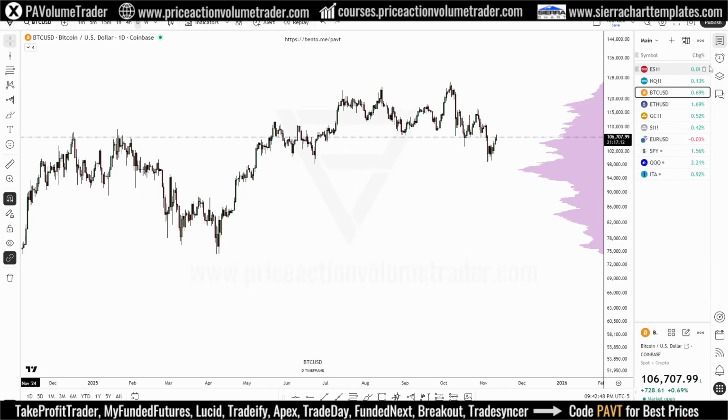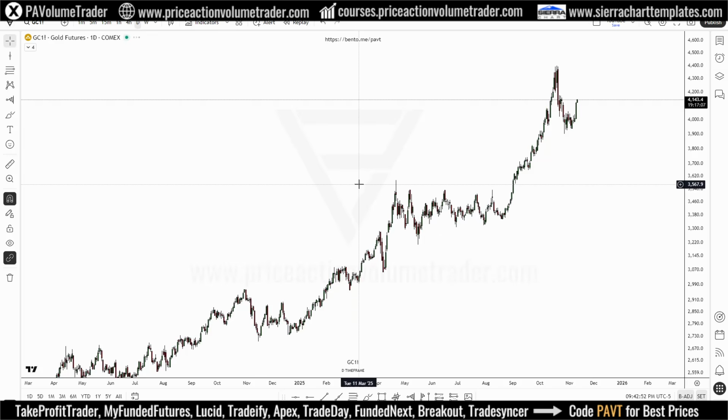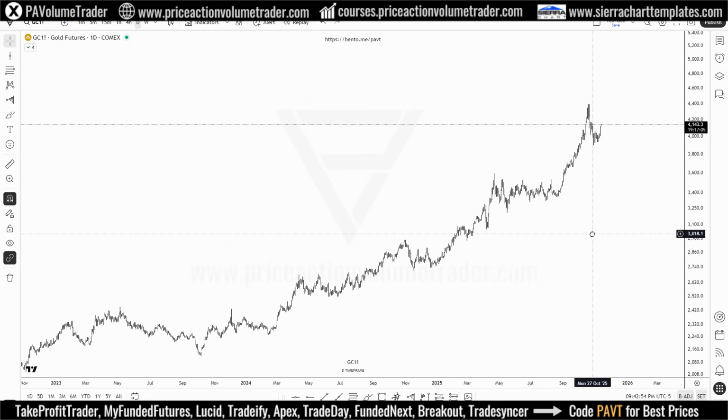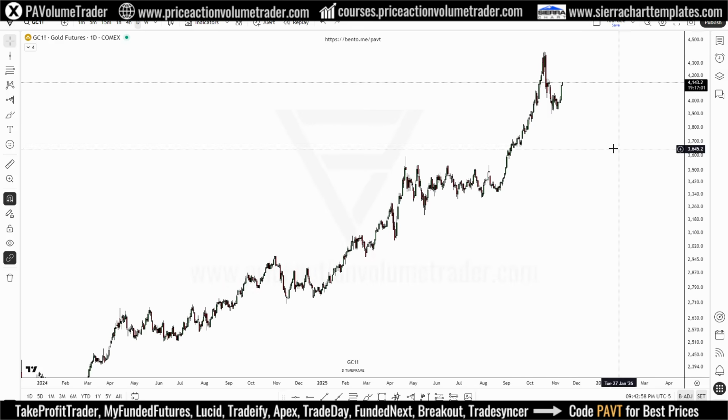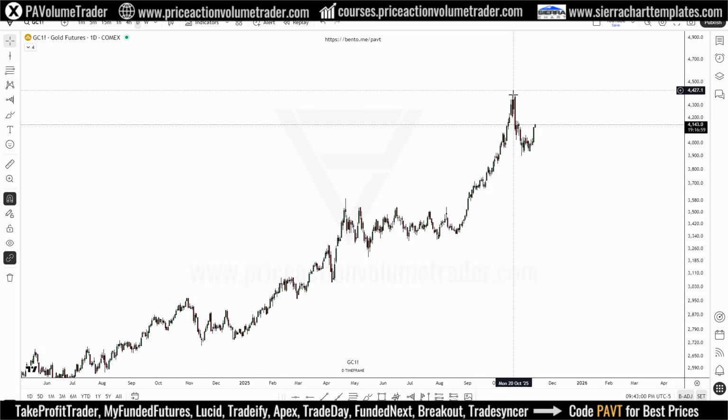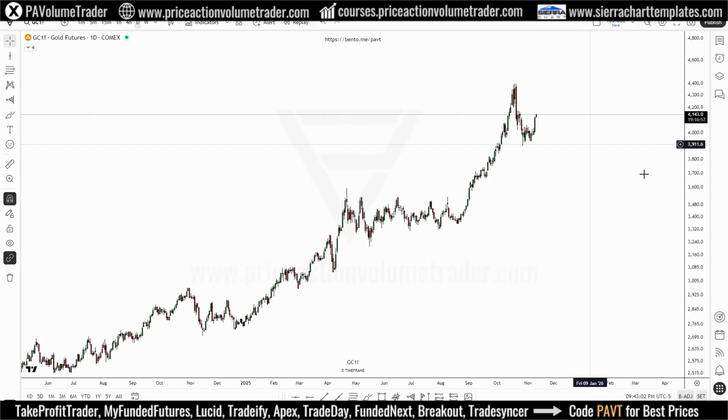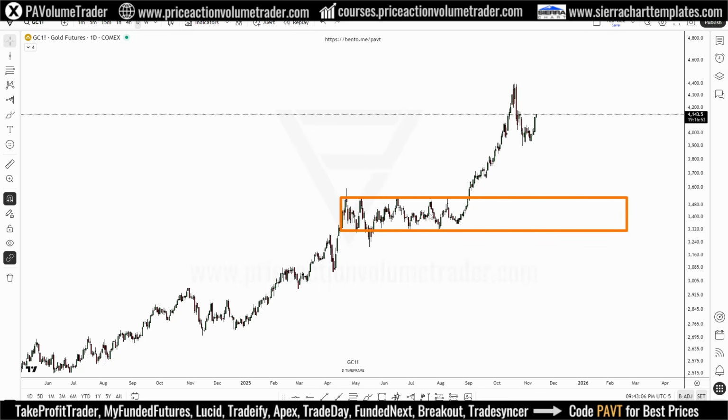Let's see, gold. See, like gold, we've had such a crazy run. We are near all-time highs, which is right up here. This is obviously a very significant consolidation, but we are still pretty far away from it.